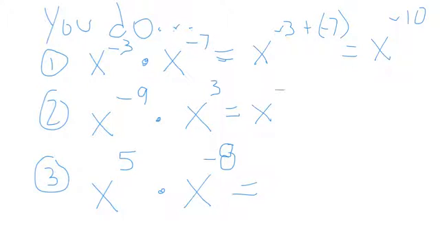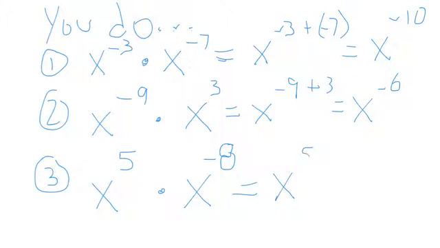Here we have x to the negative 9 plus 3. Adding opposites, it's the larger minus the smaller, sign of the larger. So we are going to end up with a negative. 9 minus 3 is 6. So we end up with x to the negative 6. And we're going to have a similar situation with the next one here.